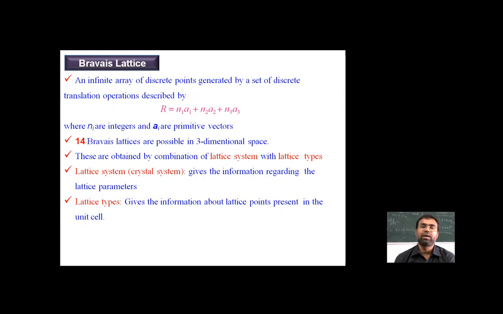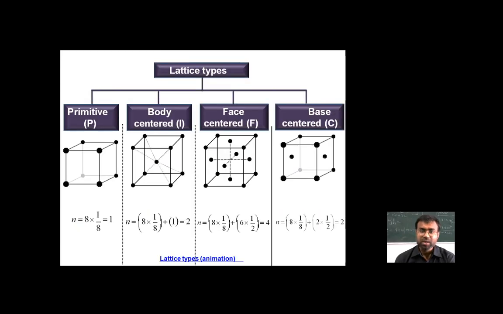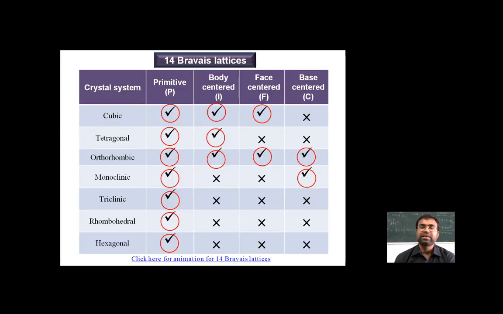There are 14 Bravais lattices possible in 3-dimensional space, and these are obtained by combination of the lattice system with lattice type. The crystal system gives the information regarding the lattice parameters, and the lattice type gives the information about the lattice points present in the unit cell. So these are the lattice types, that is primitive, body and face centered, and these are the Bravais lattices showing that.